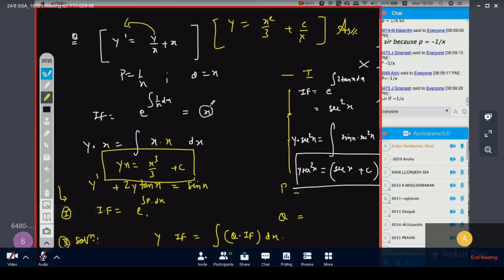This will come this side, yeah. Beautiful, yeah. Sorry. So same thing with minus sign. So minus log of x is 1 by x. So this is 1 by x.